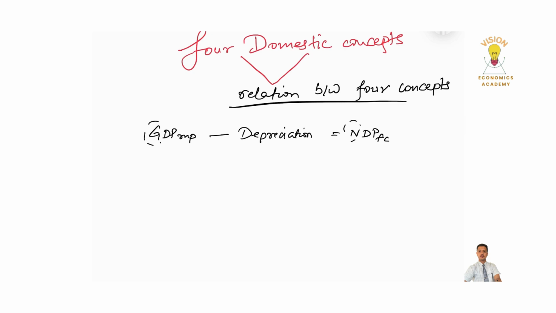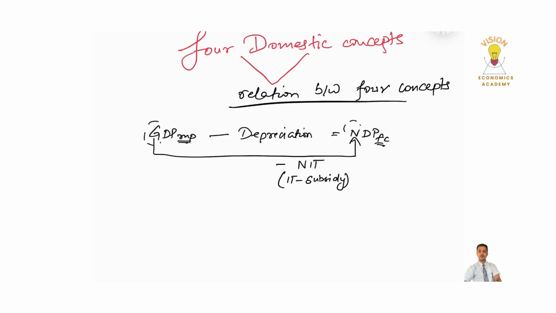So this G got transformed into N. Now from market price to factor cost is minus net indirect taxes, that is indirect tax minus subsidy.